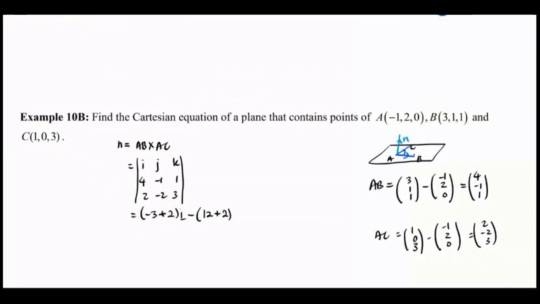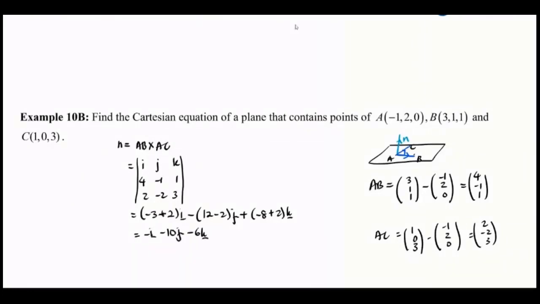Is it plus 2? Minus 2, yes, minus 2. Minus minus 2, so 2J. For the K it will be negative 8 plus 2. Okay, so we're going to have negative I minus 10J minus 6K. So this is your N.